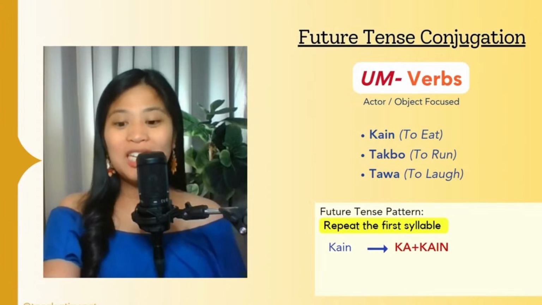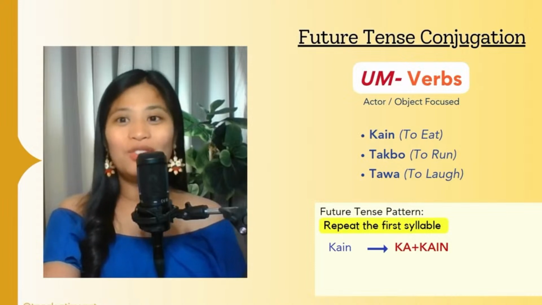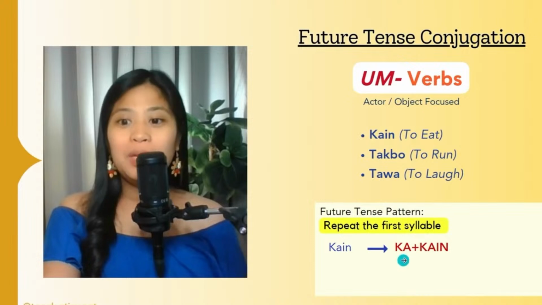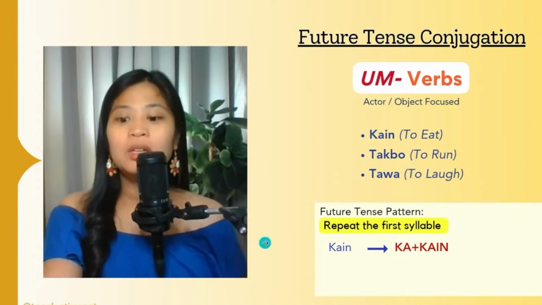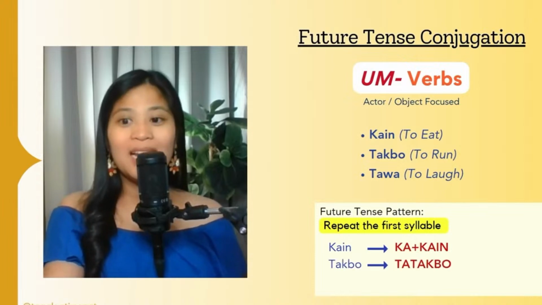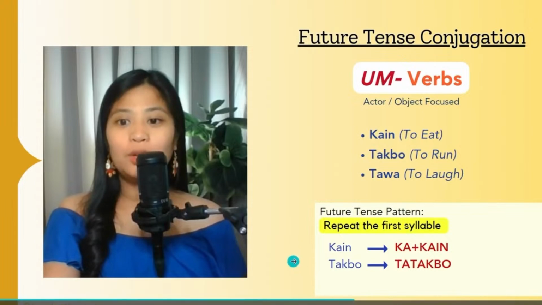So it's very interesting because now there's no infix at all for future tense conjugation of um verbs. You just simply repeat the first syllable. So let's take a look at takbo, which means to run. Takbo in the future tense becomes tatakbo. Tatakbo sila, they will run. Again, you're just repeating the first syllable.